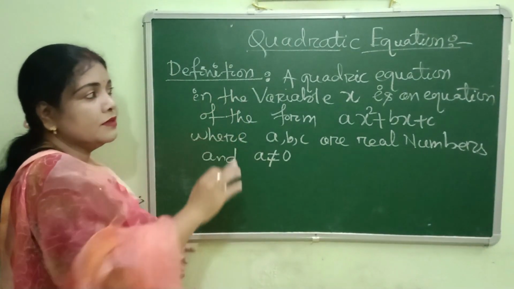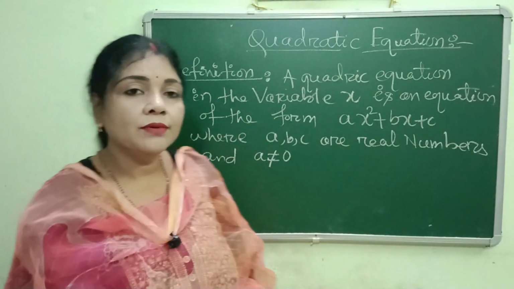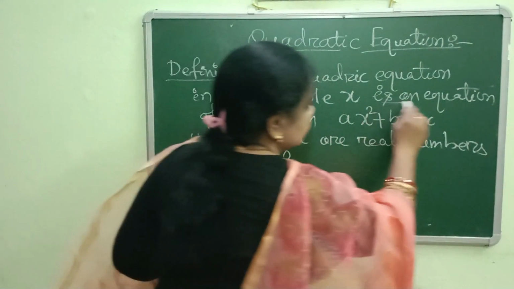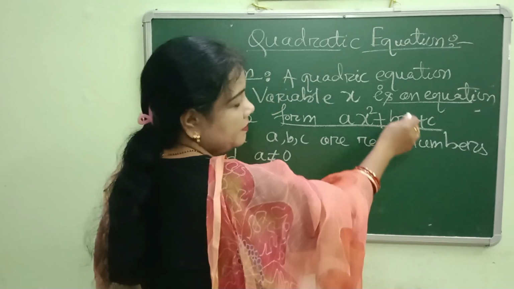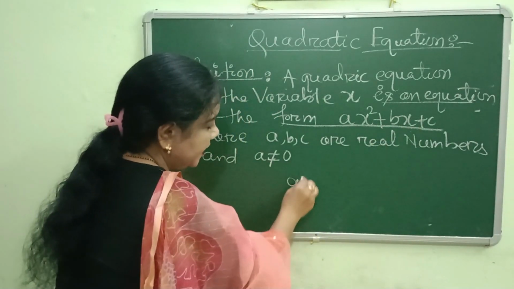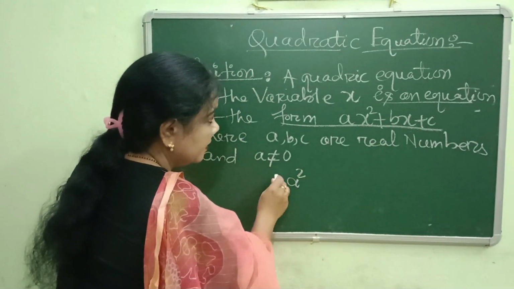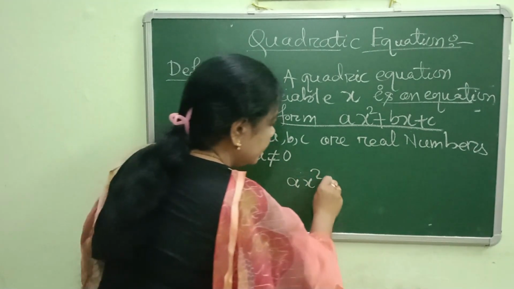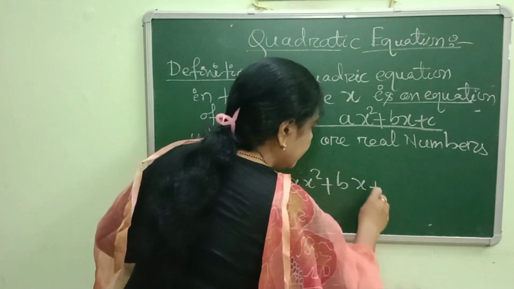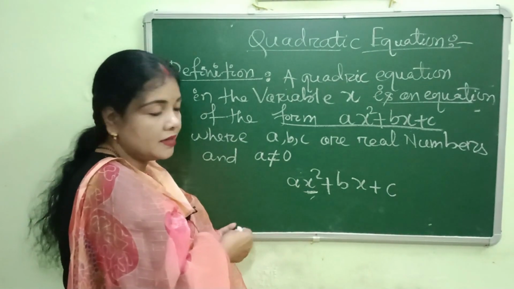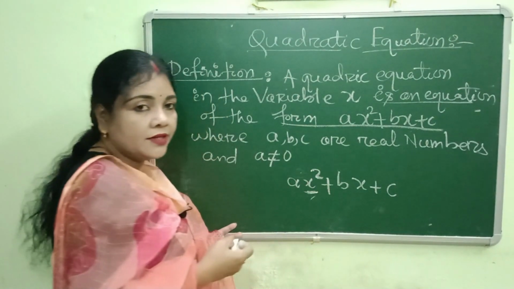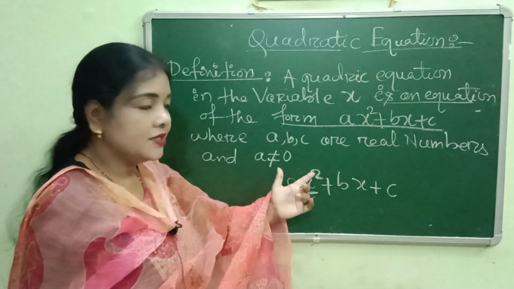A quadratic equation in the variable x is an equation of the form ax square plus bx plus c. That means ax square plus bx plus c. So here x is a variable, the highest power is 2, so the degree is 2.